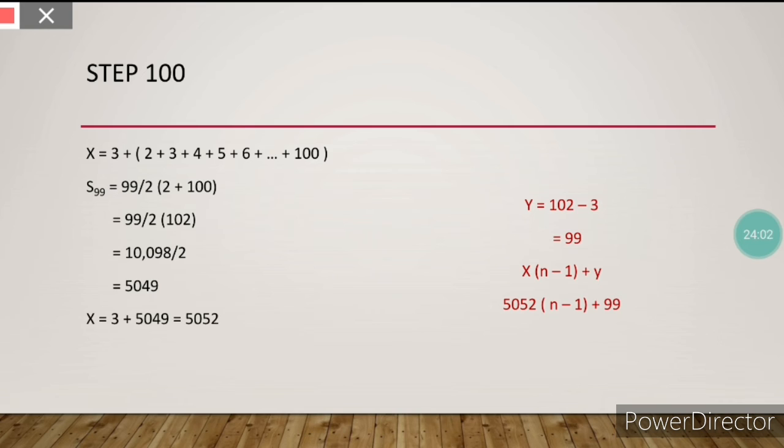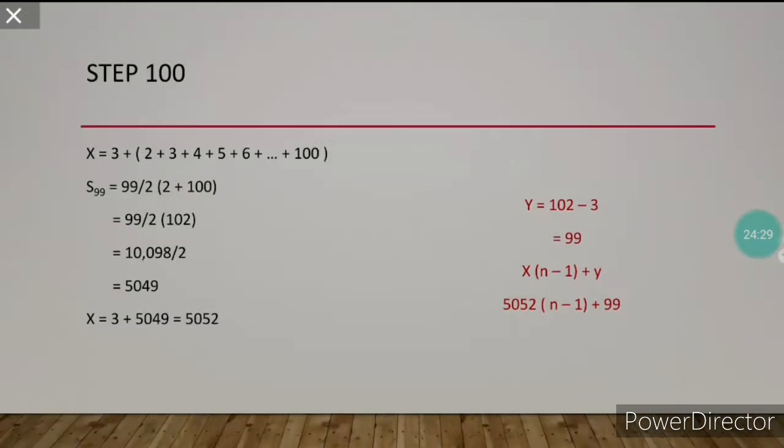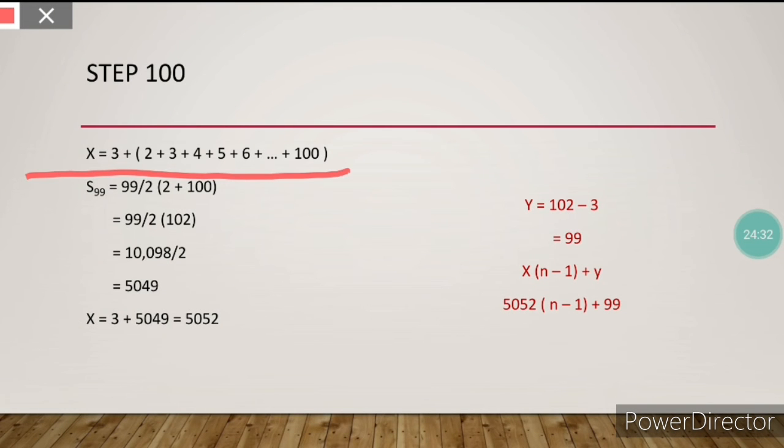Now let's find the formula in step 100. X is equal to 3 plus 2 plus 3 plus 4 plus 5 plus 6 plus 7 up to 100. Since from the second term up to the last term, it shows a series of sequence, we can use the formula S sub n is equal to n over 2 multiplied by a sub 1 plus a sub n.